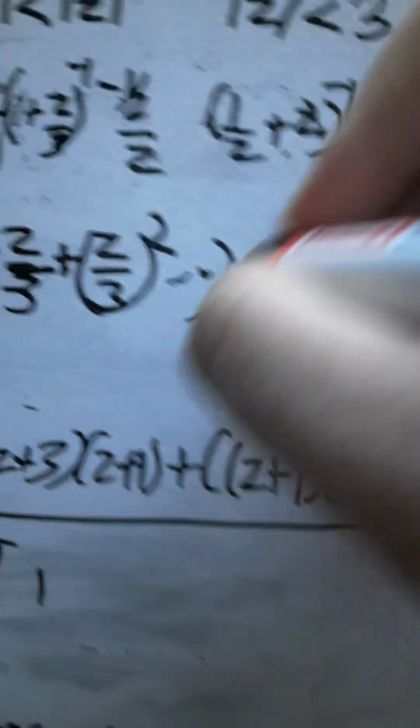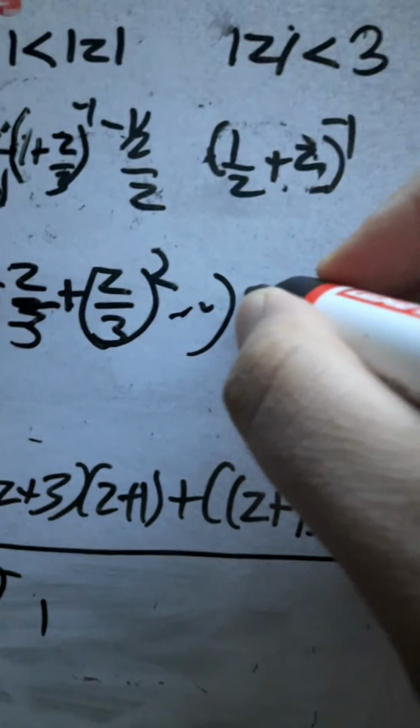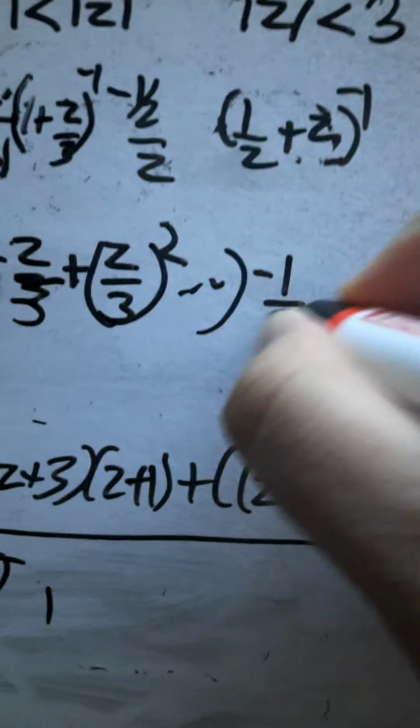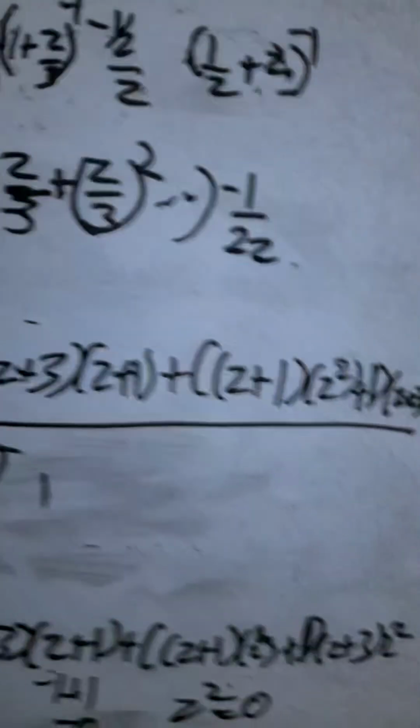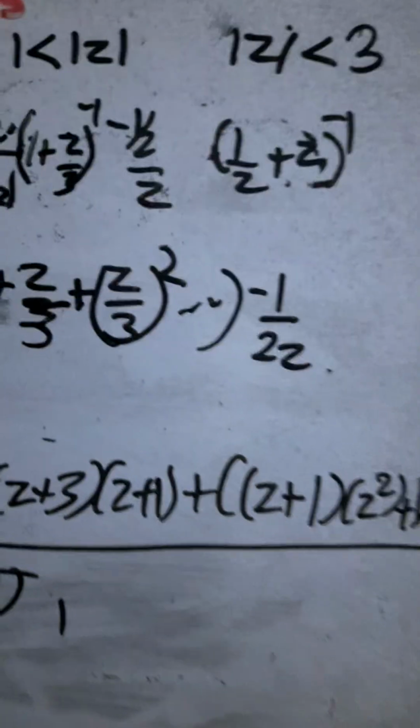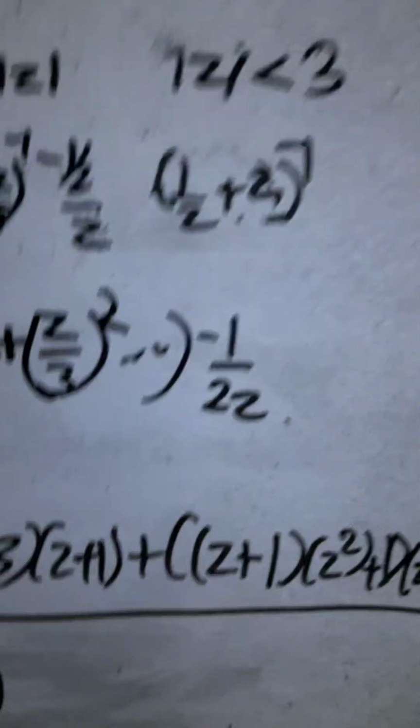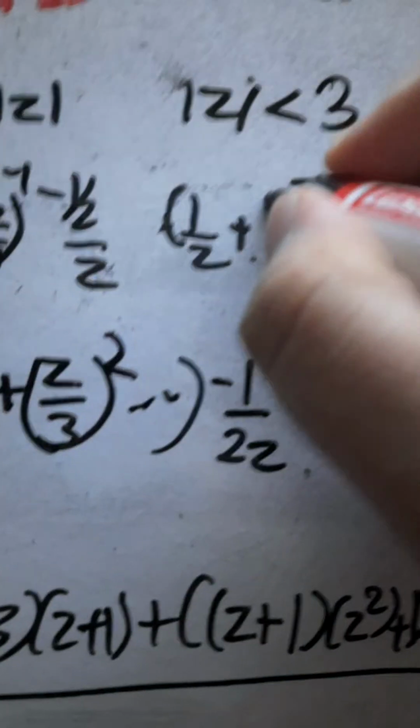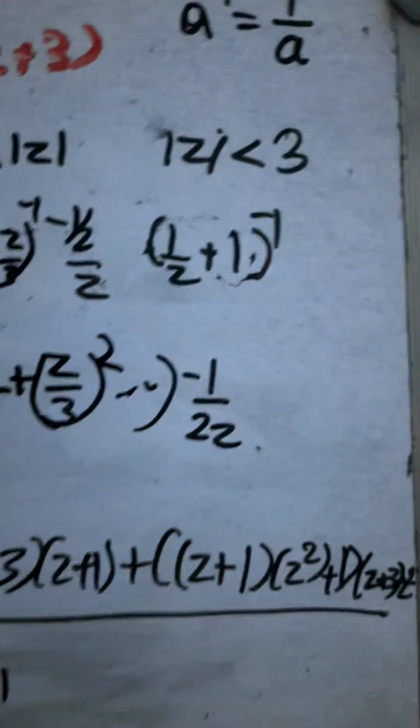Okay, now about this, minus 1 by 2z, let's write it. Wait a second, this is 1, right? 1 plus 1 by z, no?